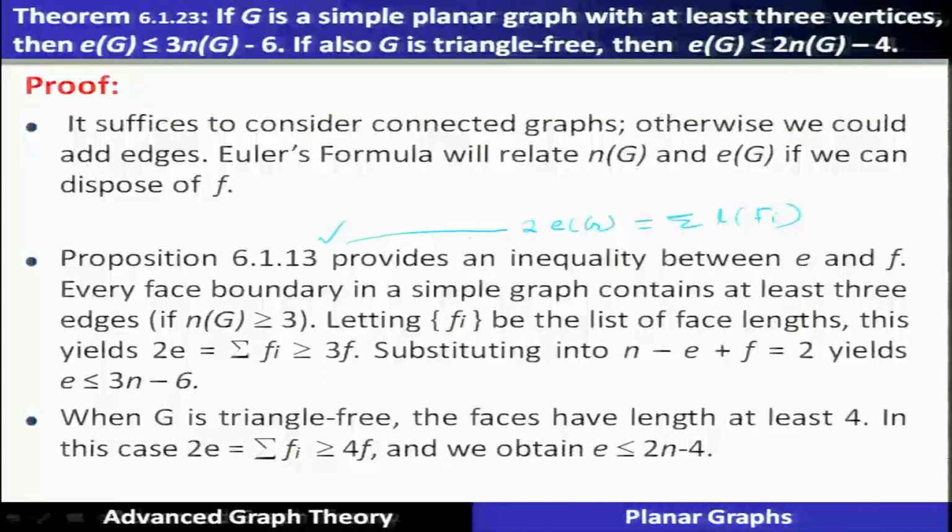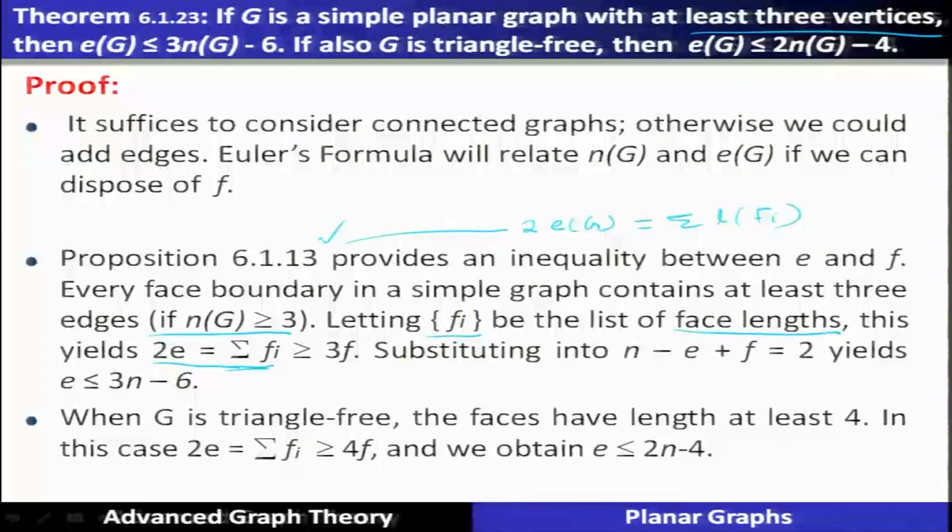Therefore, the number of nodes should be at least 3, or more. That is the requirement for this particular theorem. So, let Fi be the list of face lengths. The degree sum proposition will give 2E is equal to the sum of all face lengths, the Fi's.